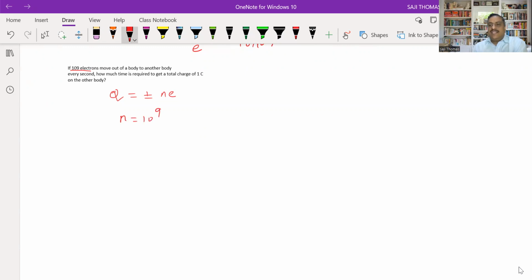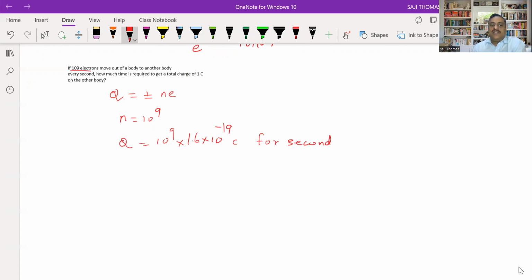It is for every second. So what is the charge moved in 1 second? Q is equal to 10 raised to 9 into 1.6 into 10 raised to minus 19 coulomb. This is the charge moved for every second.